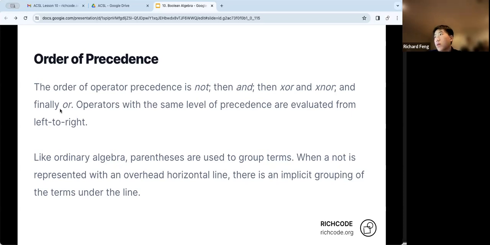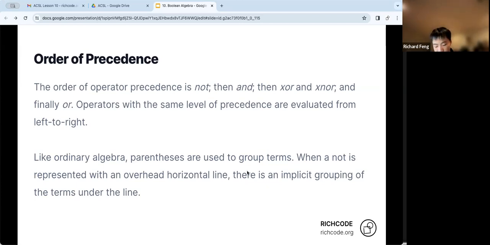And when we have operators that are in the same level of precedence, then they are evaluated from left to right, similar to your order of operations in math. And like ordinary algebra, we also use parentheses to group different terms. And when a not is represented with the horizontal line on top of the variable, then there's an implicit grouping of the terms under the line.